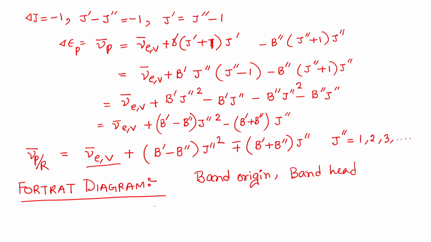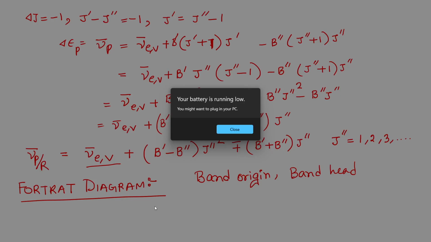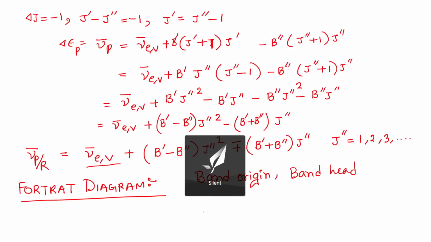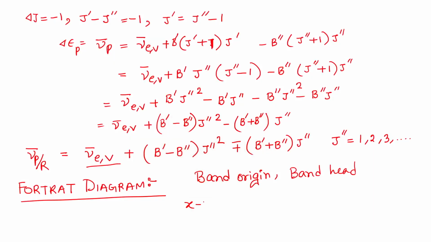And you plot the spectrum such that your x-axis is energy and y-axis is your j prime or j double prime, right? And what is band head? Maybe I can write the equation once more.